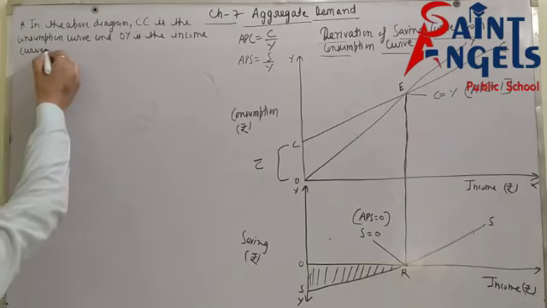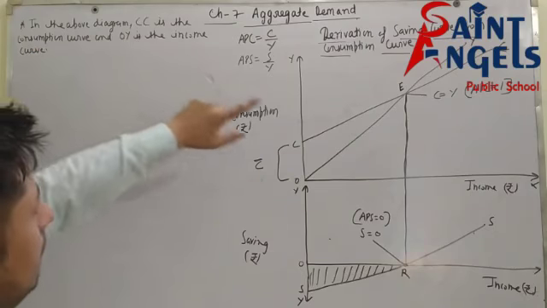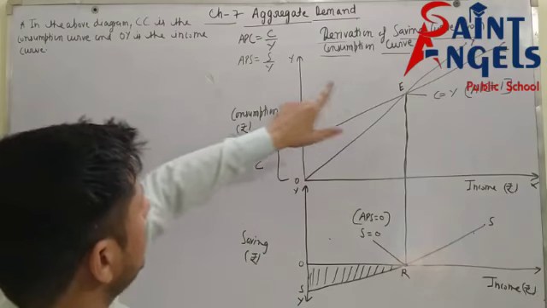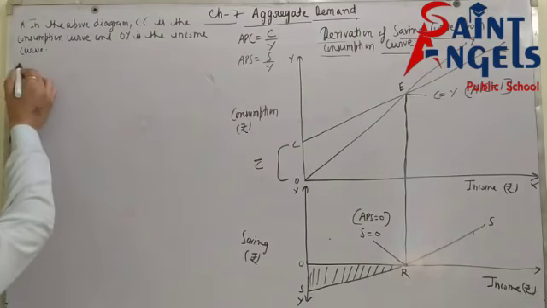I hope this point is clear. In the above diagram, CC is the consumption curve and OY is the income line. See next point.